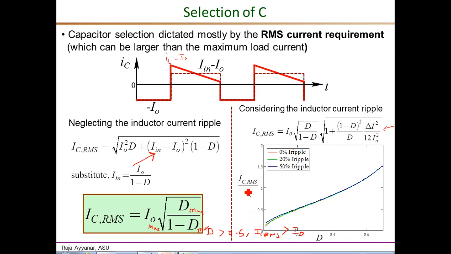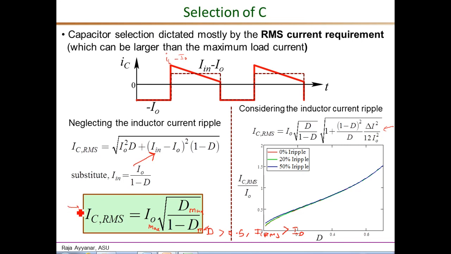What is plotted is the IC RMS as a ratio of the load current versus the duty ratio D, going from almost 0 up to about 0.7. You can clearly see that there is almost negligible difference between the approximation and the actual value of IC RMS, especially for D greater than about 0.3. They actually merge on top of each other.